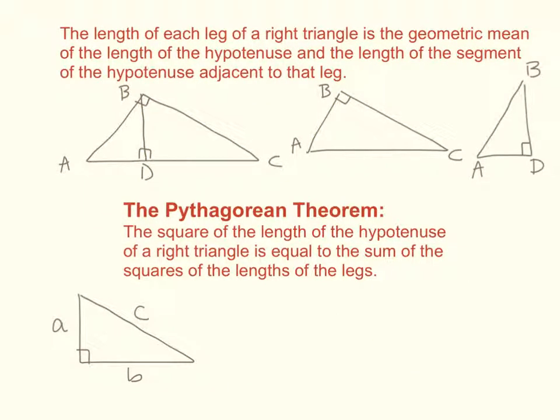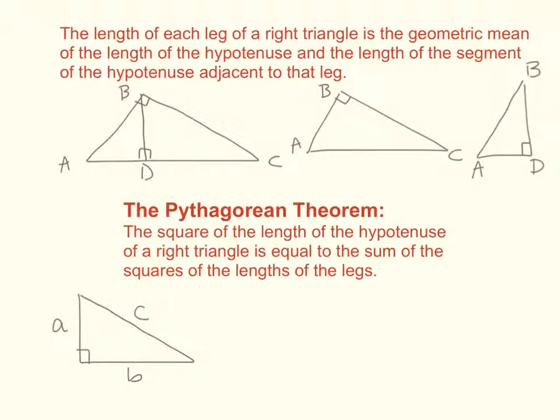Okay, the length of each leg of a right triangle is the geometric mean of the length of the hypotenuse and the length of the segment of the hypotenuse adjacent to that leg. So that's telling me that AC, which is the hypotenuse of this big triangle, right here, is to the hypotenuse of the little triangle, which is right here, AB.